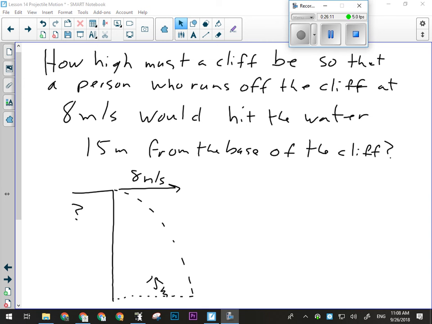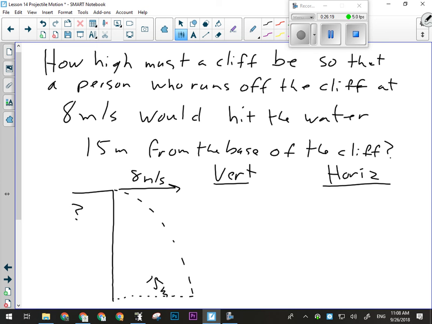First thing, with any projectile motion problem, we have to break it up into its vertical and horizontal parts because they only share one thing, and that one thing is time. It's almost always the first thing you have to find. So vertically speaking, the initial vertical velocity is 0 meters per second because the person ran horizontally off the cliff. They were not moving vertically at time 0.